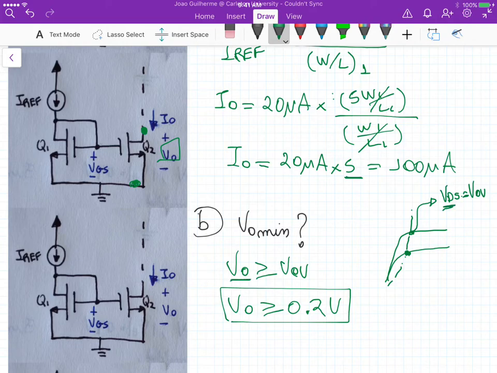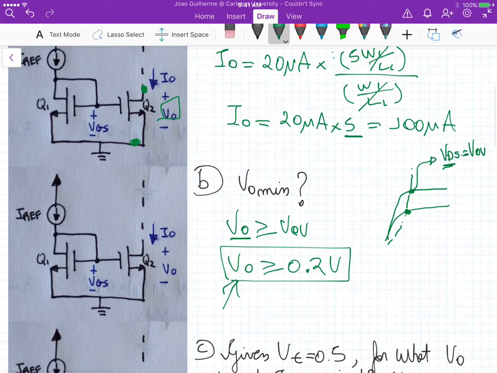So we need that to be true. Just this is VDS and this is ID, and here we have different VGS.